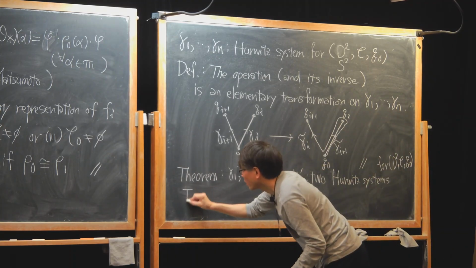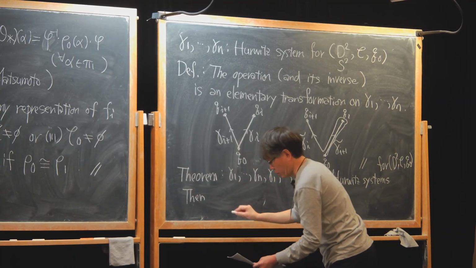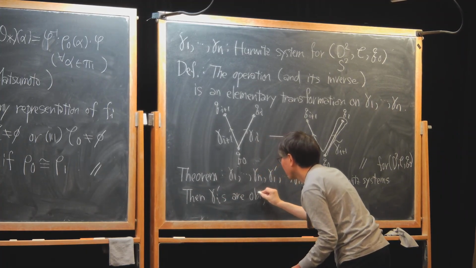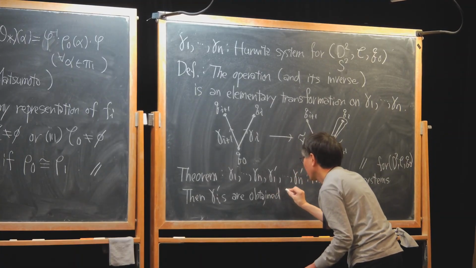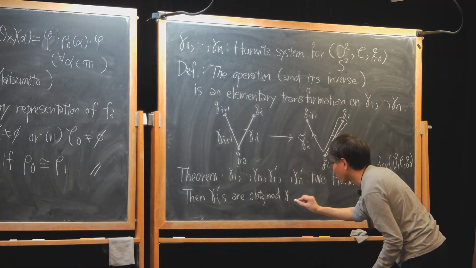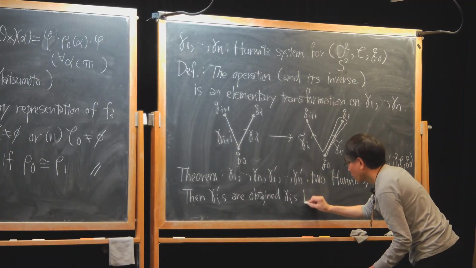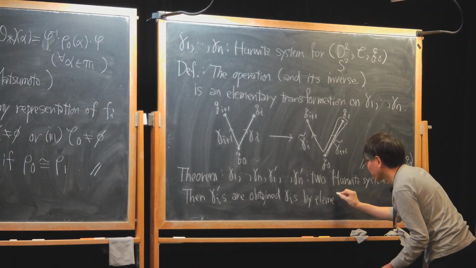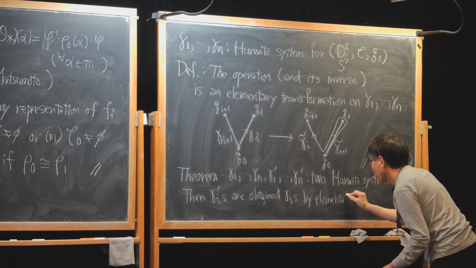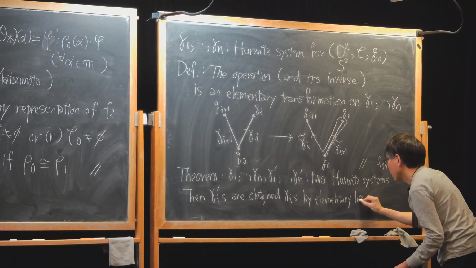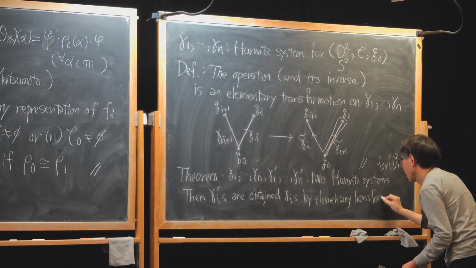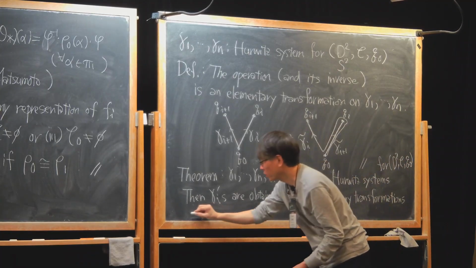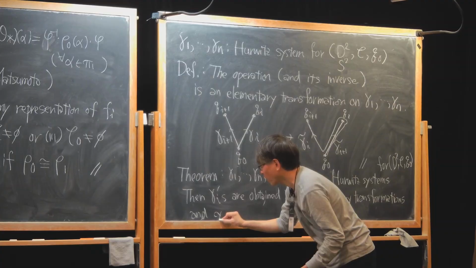Then the gamma_i primes are obtained from the gamma_i's by finitely many elementary transformations and cyclic permutations.